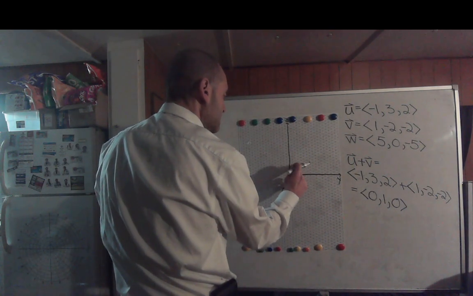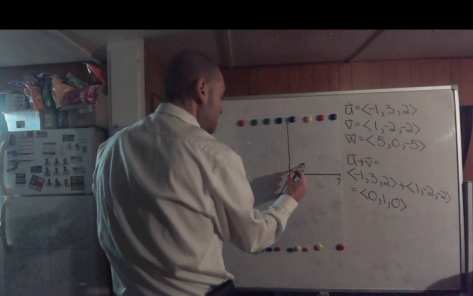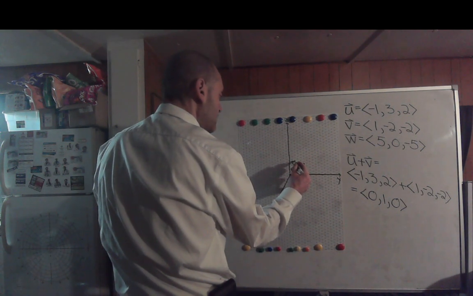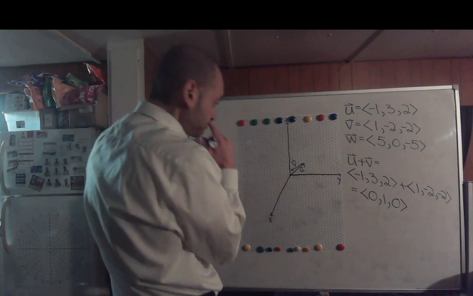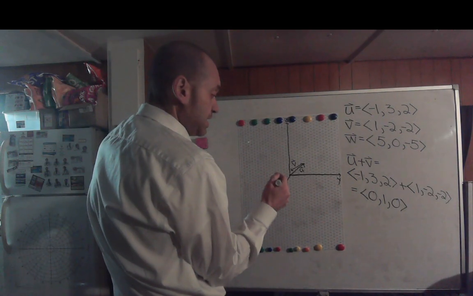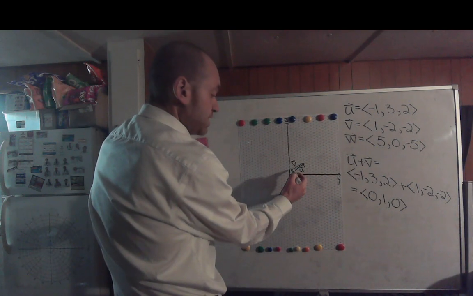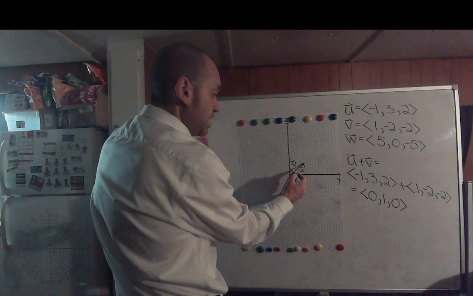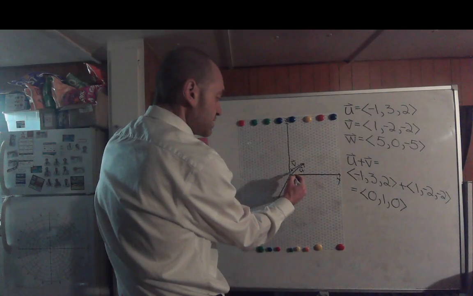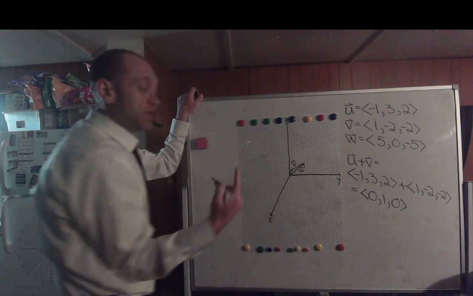Here's vector u. Vector v would be about right there. Draw the arrow there. And then how you get your final result is the sum of vector u plus v is going from the arrowhead of the second vector to the tail of the first vector. That part here would be u plus v.